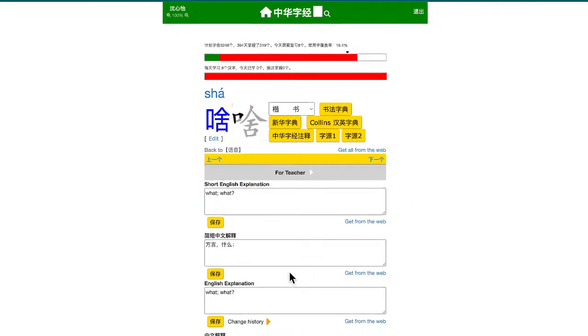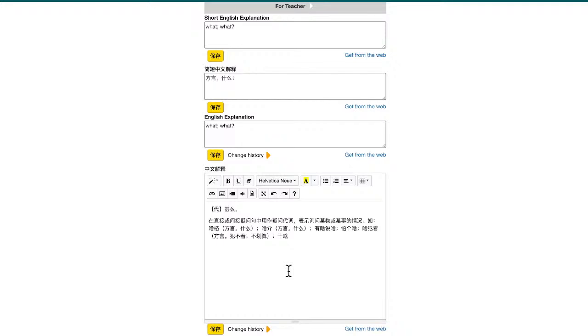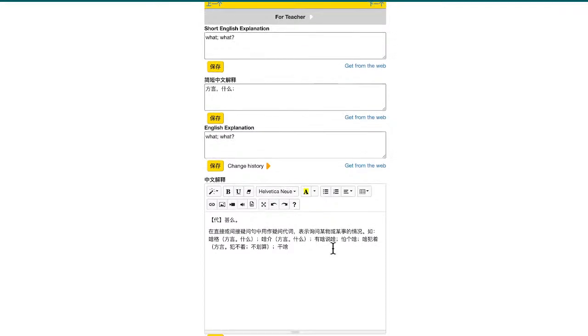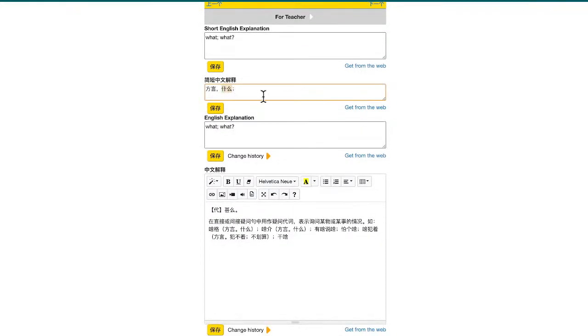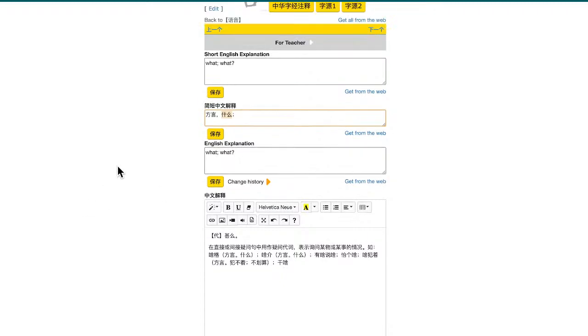So this is 啥, and it's usually in dialect. In dialect they use 有啥说啥, 怕个啥, 干啥, meaning 干什么. So in standard Mandarin it's actually 什么, but in some dialects people just say 啥 instead of 什么, okay.